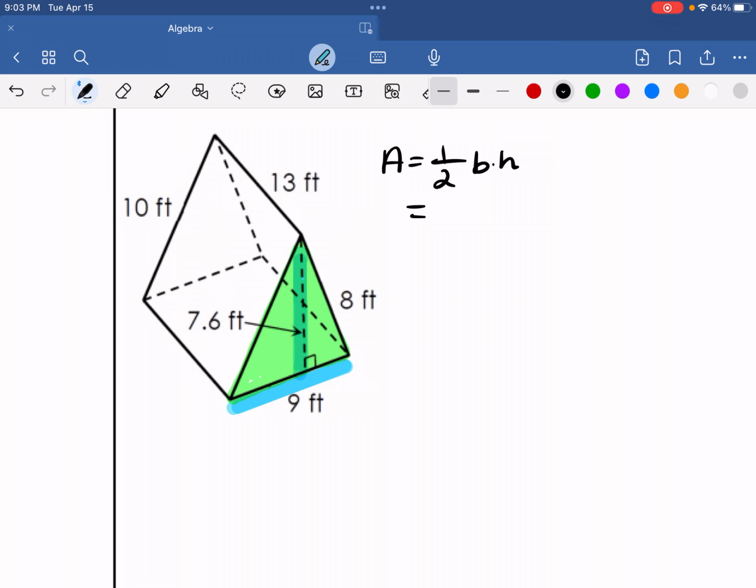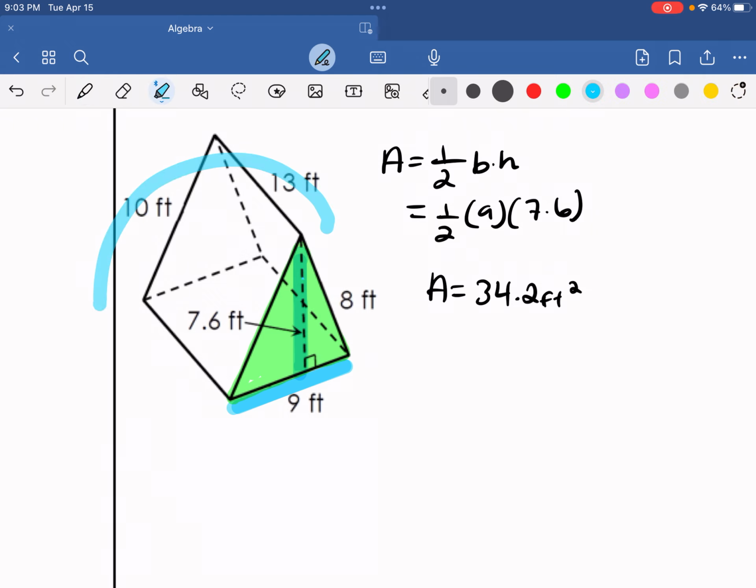That comes from formula number 2. 1/2 base is 9 and height is 7.6. So 1/2 times 9 times 7.6. So we get the area of the triangle is 34.2 feet squared. That's just the area of the triangle.